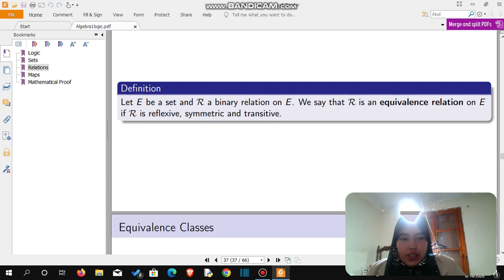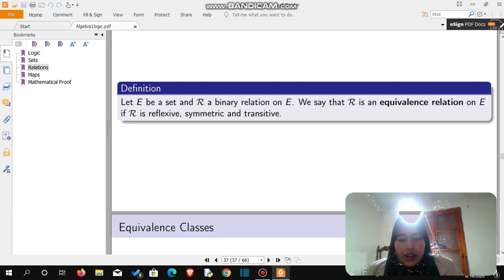Equivalence relation. What do we mean by equivalence relation? The definition is: let E be a set and R a binary relation on E. We say that R is an equivalence relation on E if R is reflexive, symmetric, and transitive.